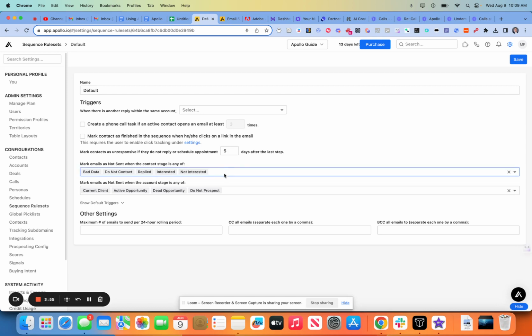As soon as a call is logged, that person's stage automatically flips based on the disposition of the call. If the person is then in one of these two stages, interested and not interested, which we just covered, right? This is going to block your emails from going out in a sequenced way, right? Because this is a sequence rule set to that person.